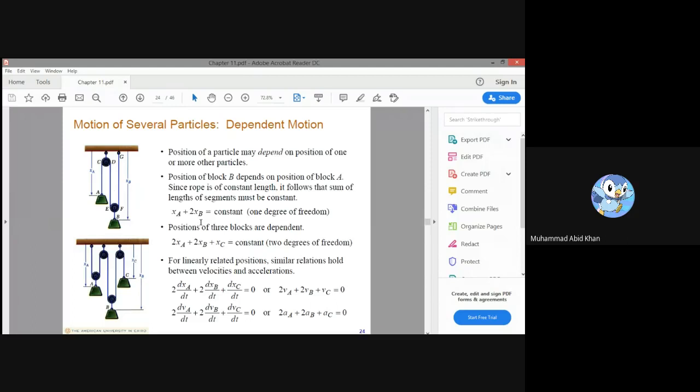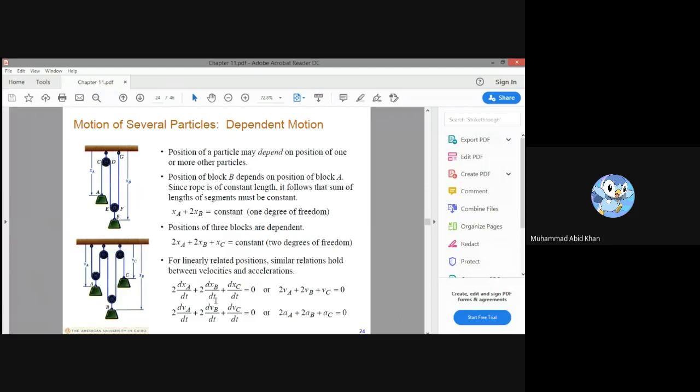Okay. Positions of three blocks are dependent. In the second figure you can see here, this one is 2 degrees of freedom. For linearly related positions, similar relations hold between velocity and acceleration.